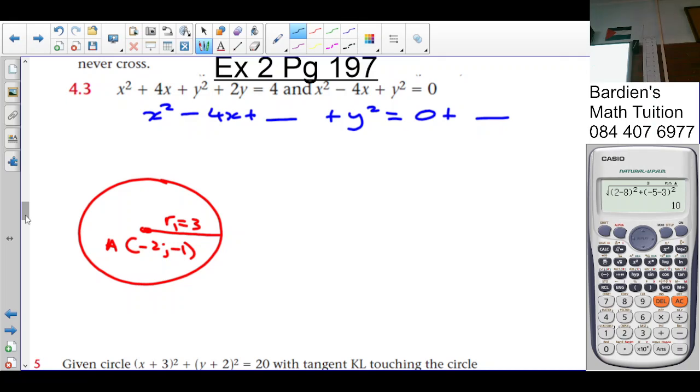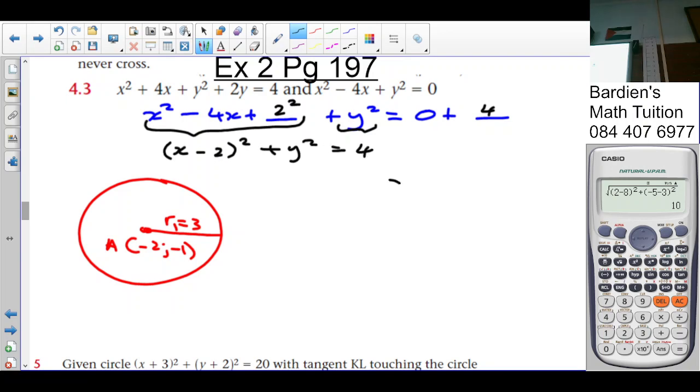There's only one number. It's 2 squared, which is 4. This is your perfect square trinomial. That's already a perfect square. So what do we get? (x minus 2) squared plus y squared is equal to 4.